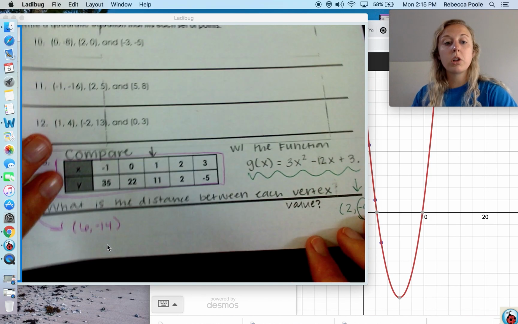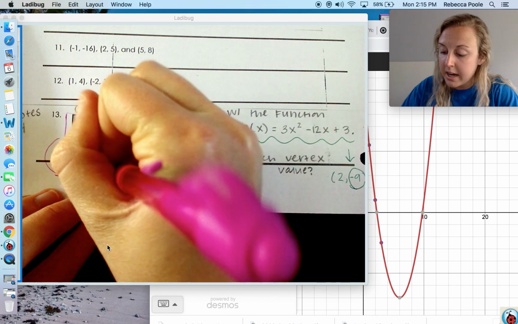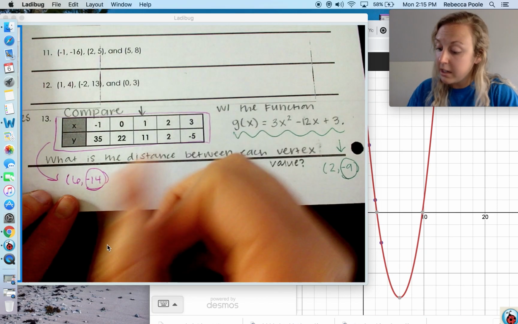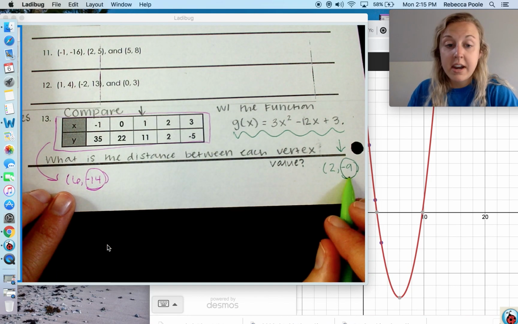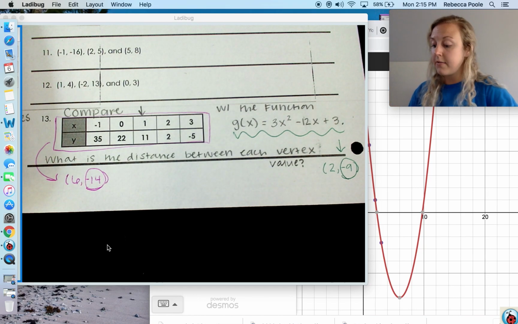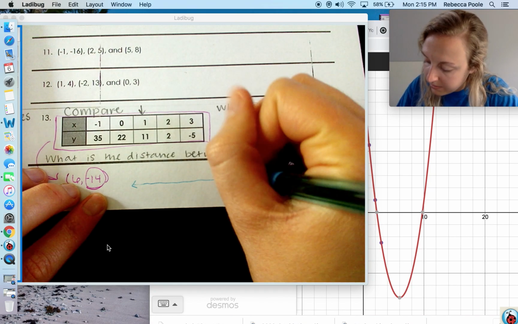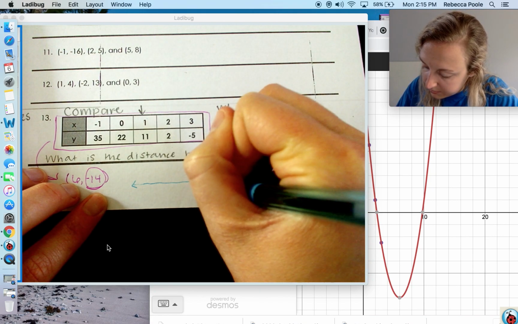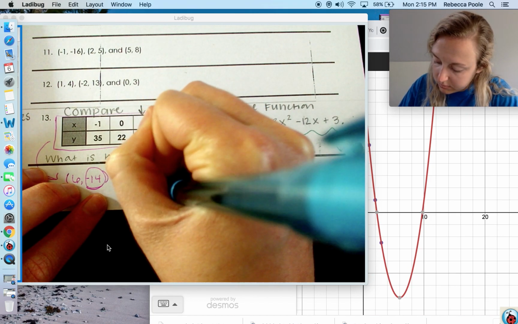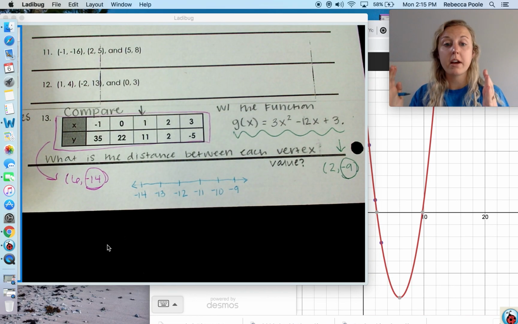All right, so we're looking at this problem, and we want to know the distance between each vertex value. Remember, the value is the y's. So if I have -14 and I have -9, I want to know the distance between those two numbers, okay? If you think about -14 and -9 on a number line, the distance is just how far away they are, right?